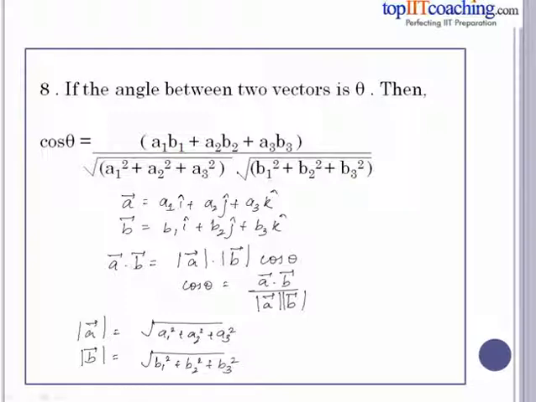And thus when we put the values over here, we get this expression: cos theta equal to A1 B1 plus A2 B2 plus A3 B3 divided by under root of A1 square plus A2 square plus A3 square into under root of B1 square plus B2 square plus B3 square.